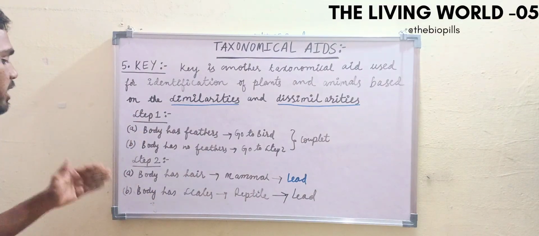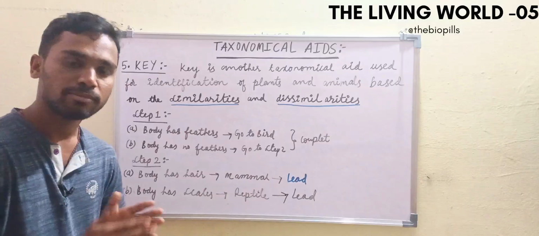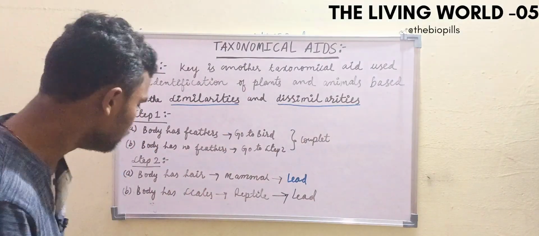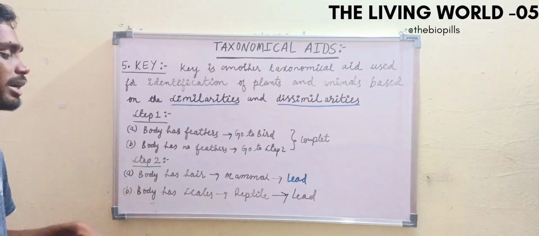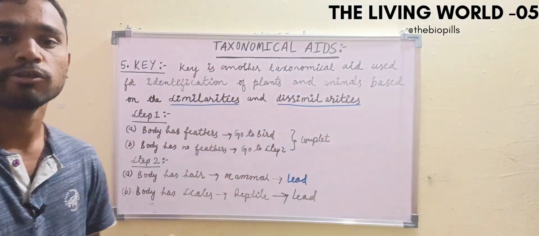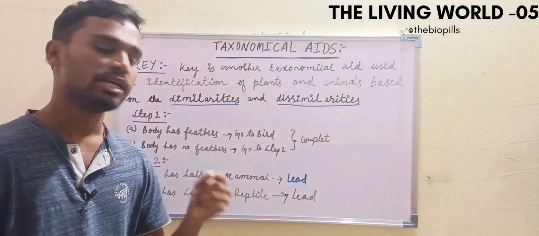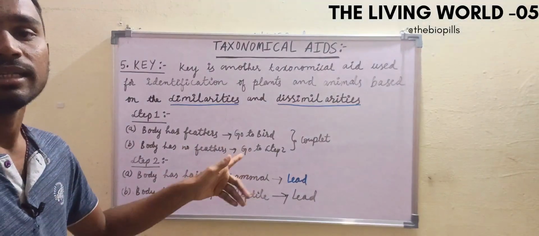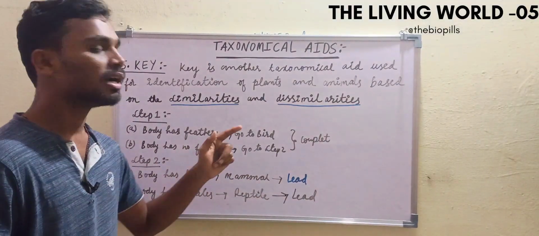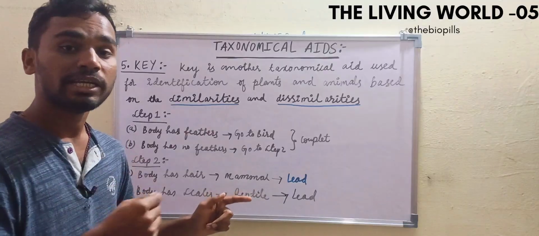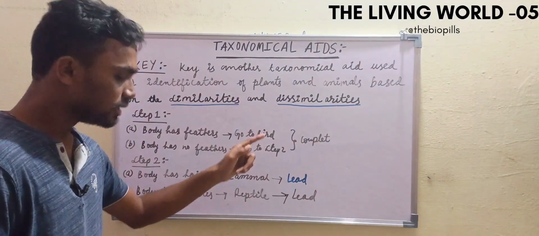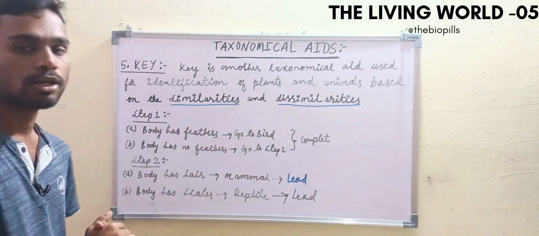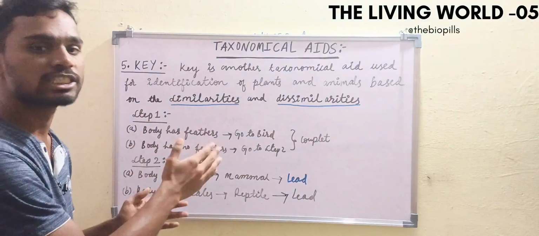In step 2 we read body has hair, an exclusive character that belongs to mammals only. Then body has scales is also an exclusive character that belongs to reptiles only. Each statement is called a lead in a key and a pair of statements is called a couplet. I am repeating this because it is very important from the perspective of NEET. So let us go to the next points.